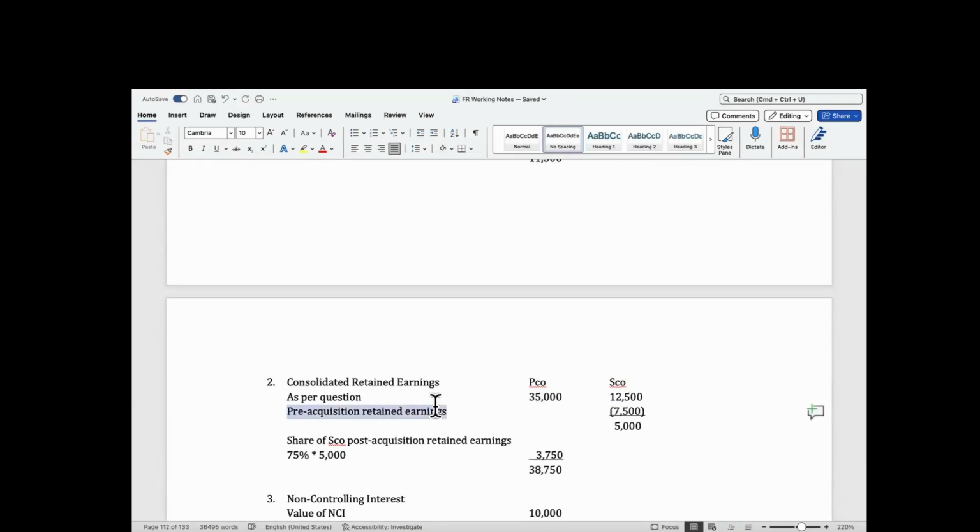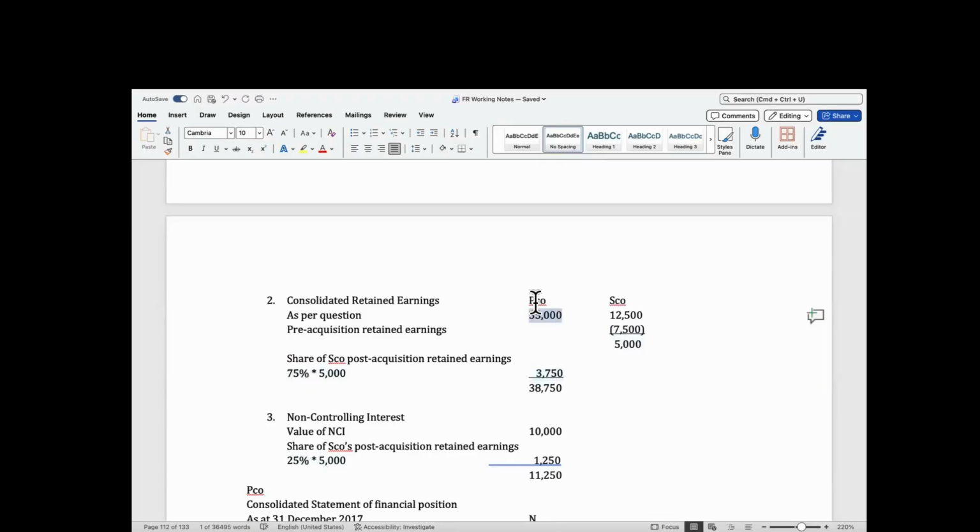So I will need to take out the one we have cancelled out, which is that pre-acquisition retained earnings of 7,500, so that I'm left with the post-acquisition. So the parent will take his own share of that post-acquisition retained earnings, which is 75% times 5,000, which gives me 3,750. And I can add it to this parent's retained earnings and it brings the total to 38,750.